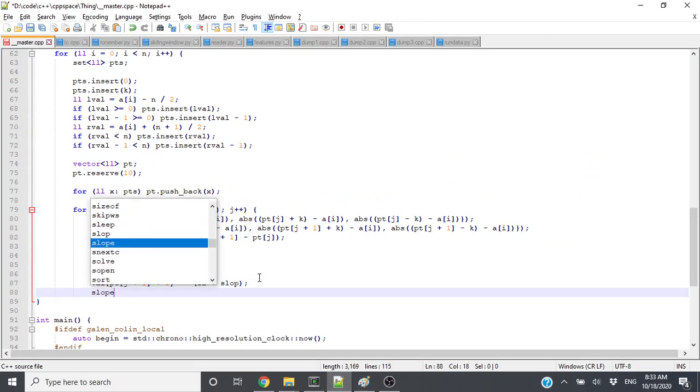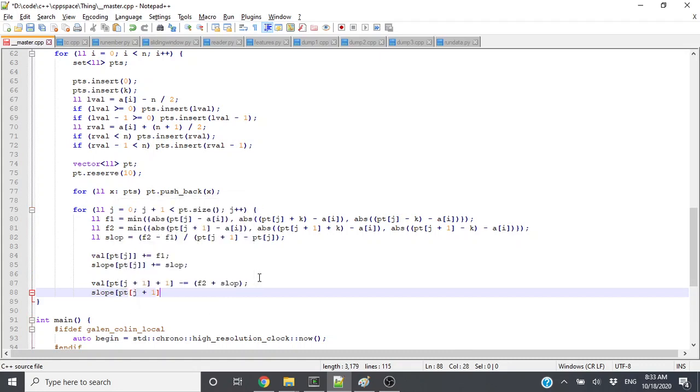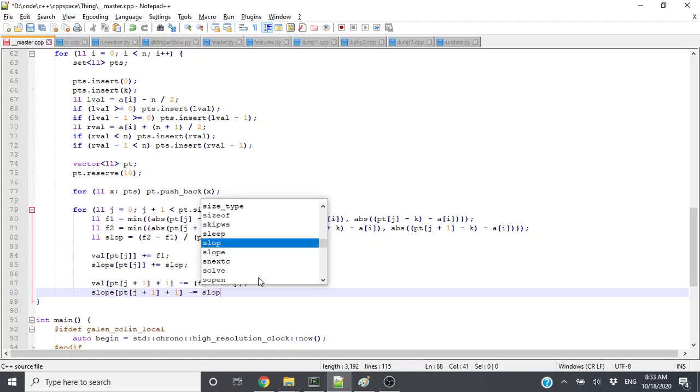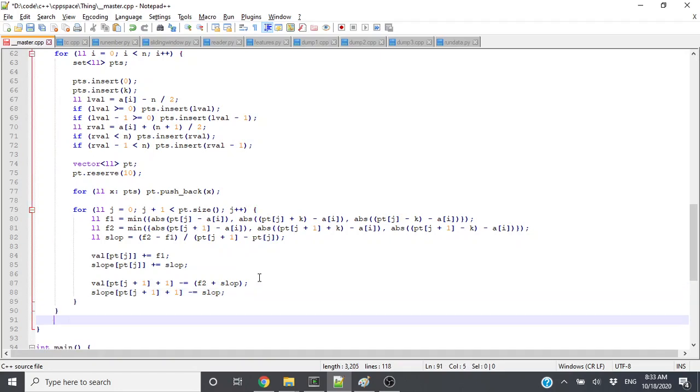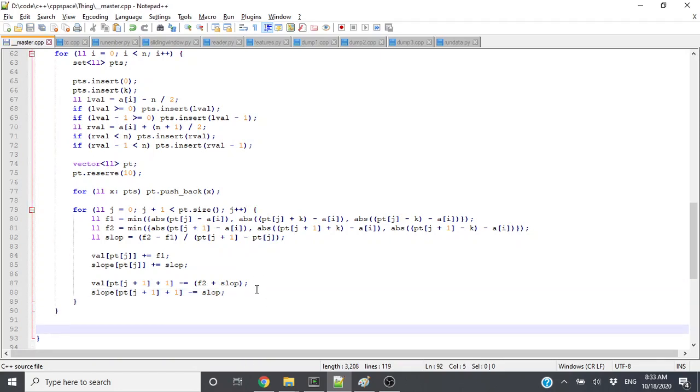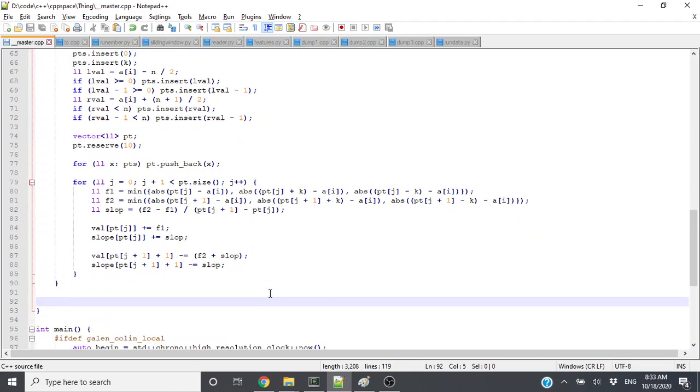And then slope point j plus 1 minus equals slope. Alright, and then once we do that, we just keep going.